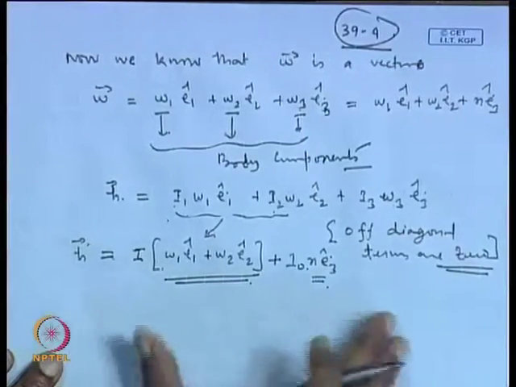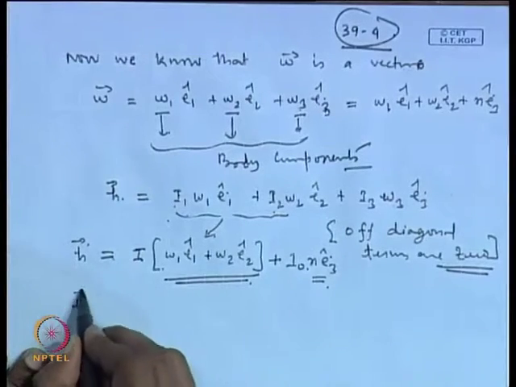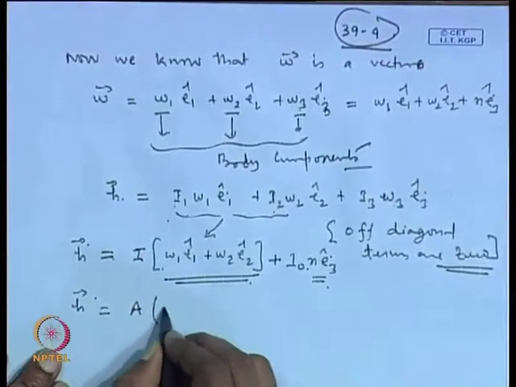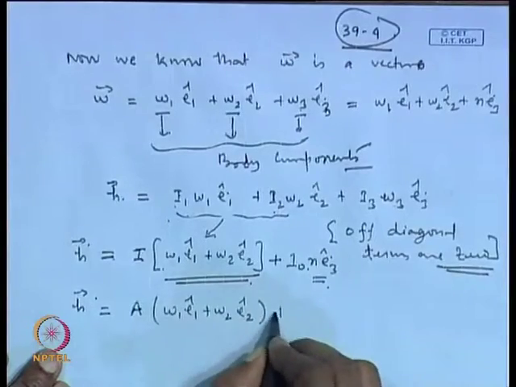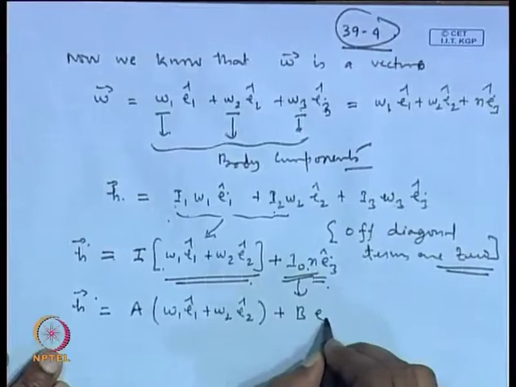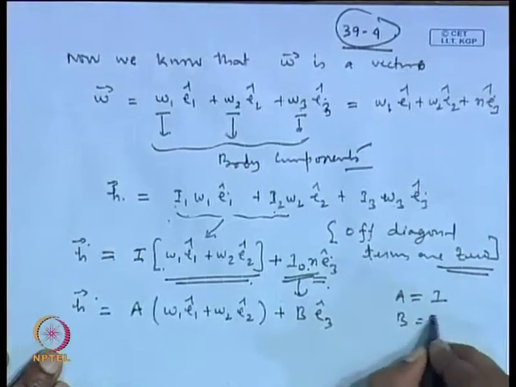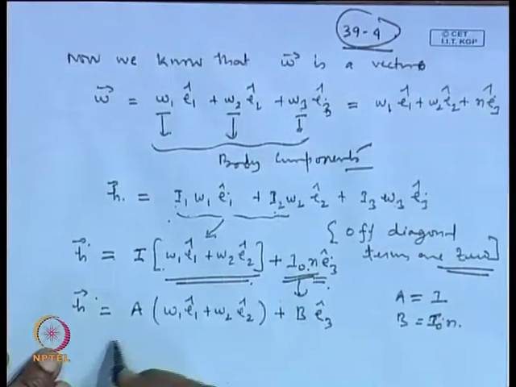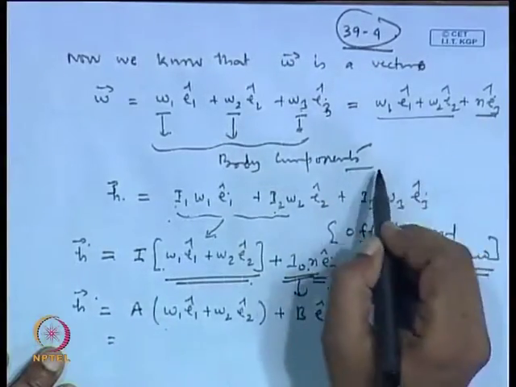So, now look into this equation carefully. What we have done here in this H, can we write this as A times omega 1 E 1 cap plus omega 2 E 2 cap, and plus this quantity we write as B times E 3 cap, where A equal to I and B equal to I 0 n. And obviously, the same thing we have done in this place also.